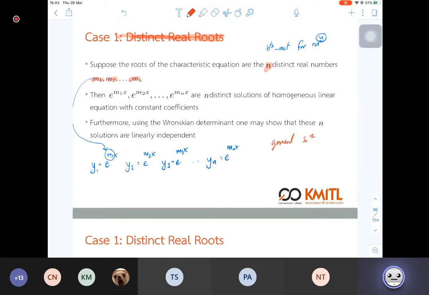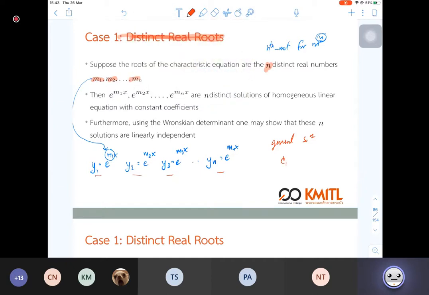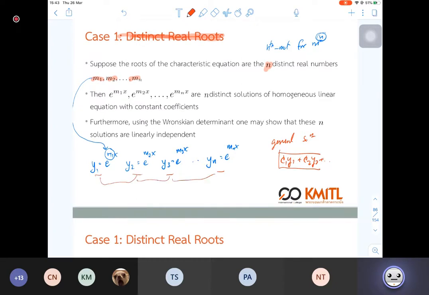To have the general solution, in the form C1 y1 plus C2 y2 and so on, you need to show that all those y are linearly independent, okay? If all those y are linearly independent, then the general solution can be stated in that form.